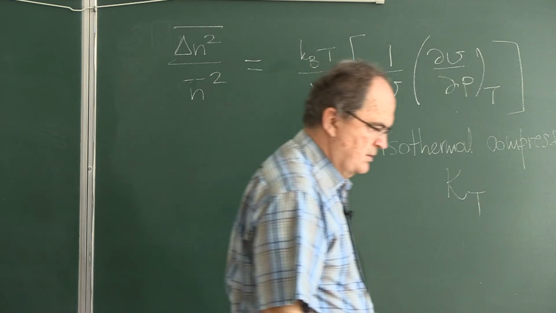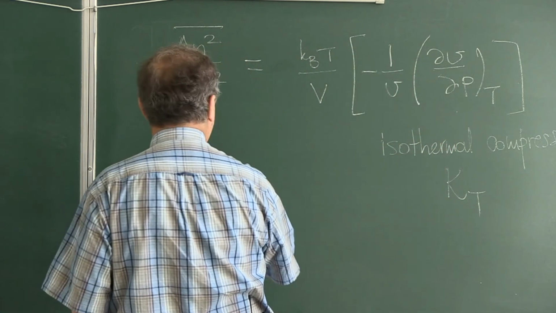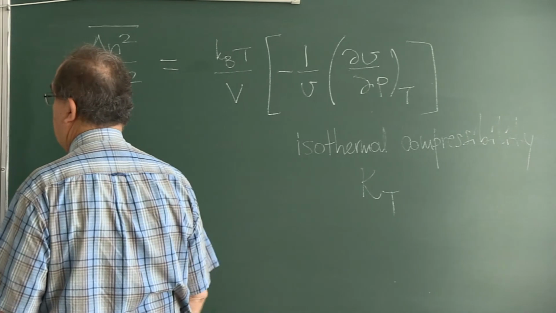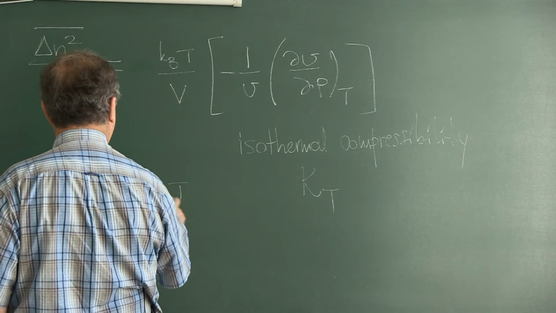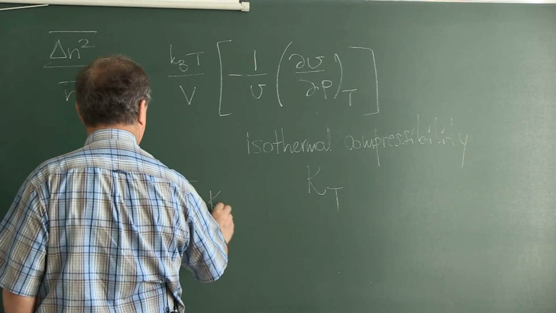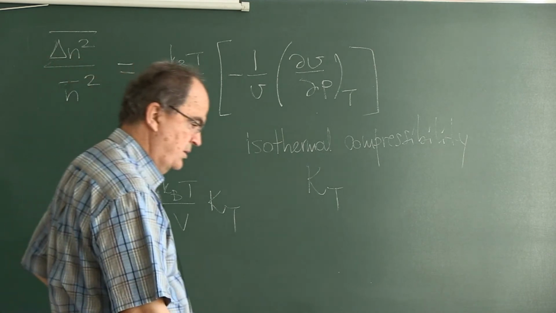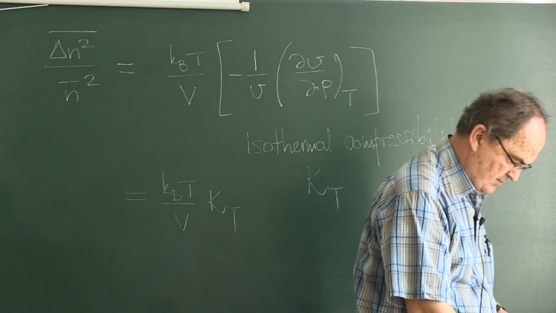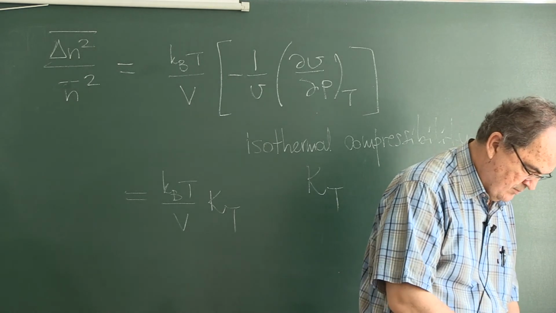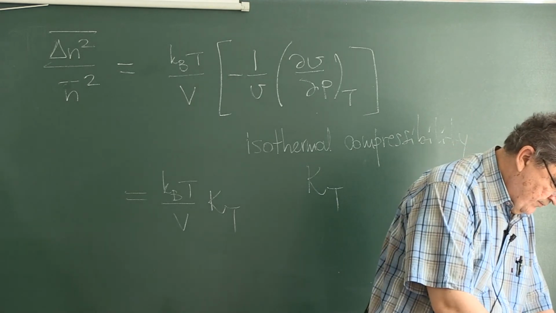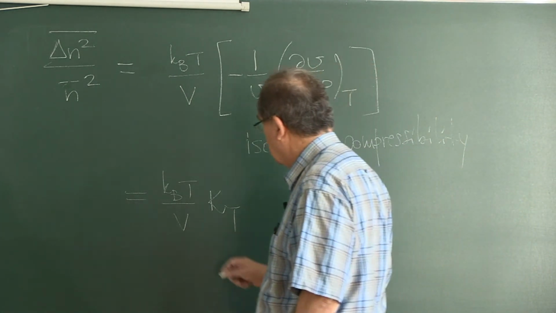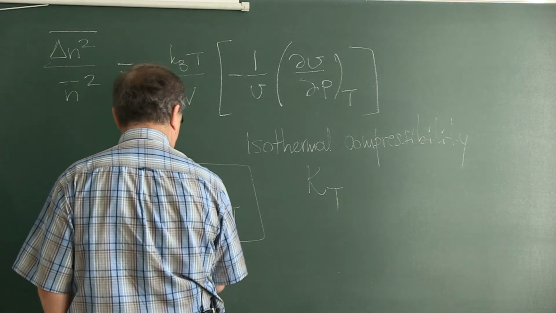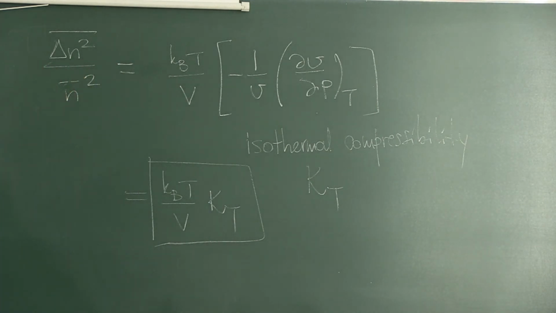Compressibility. So this quantity, relative fluctuations, is related to kB T over volume times the isothermal compressibility, kappa T. Is it kind of similar to what we have found for energy fluctuations in the canonical ensemble?